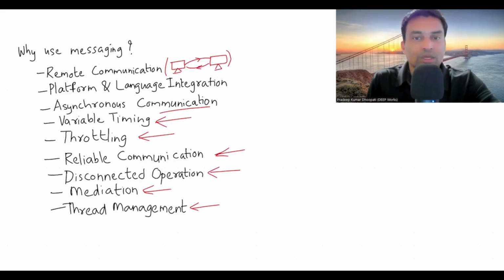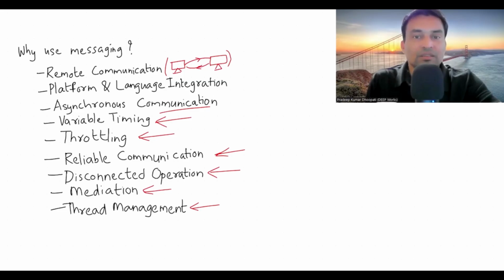Whereas with messaging and asynchronous communication, the caller does not have to block the thread until it receives a response or acknowledgement back from the receiver. Instead, it will close that thread and go on to other work, while the receiver can take its own time to process the message, and whenever the acknowledgement or response is ready, it will open a new thread and send it back to the caller.